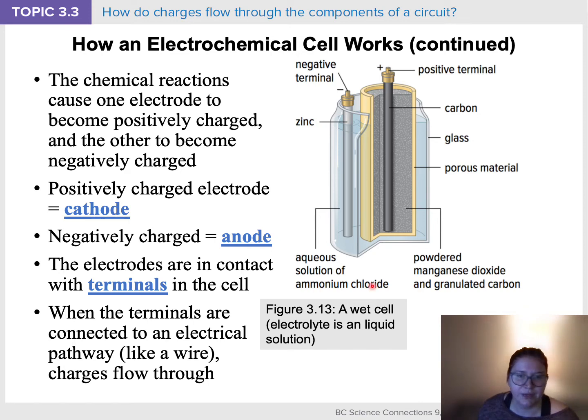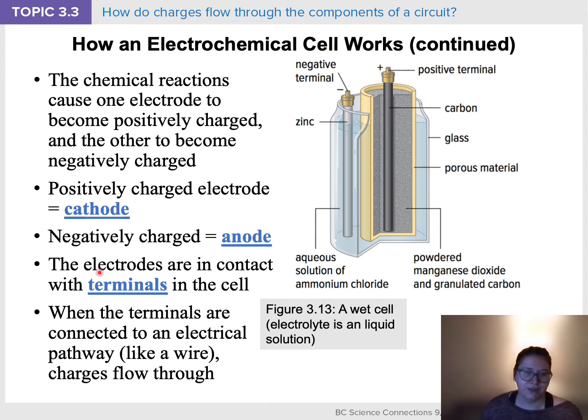The chemical reactions that are happening in the electrolyte cause one of the electrodes to become positively charged and the other to become negatively charged. The positively charged electrode is called a cathode. The negatively charged electrode is called an anode.